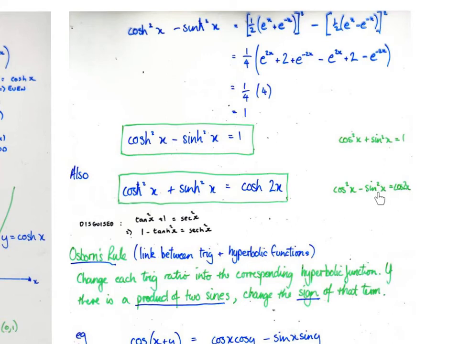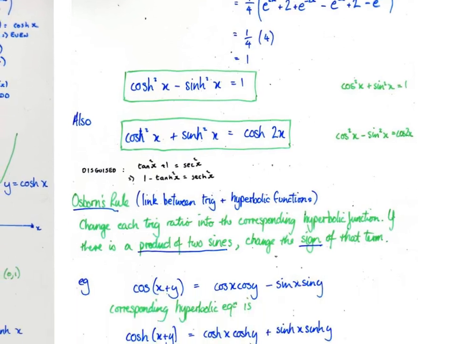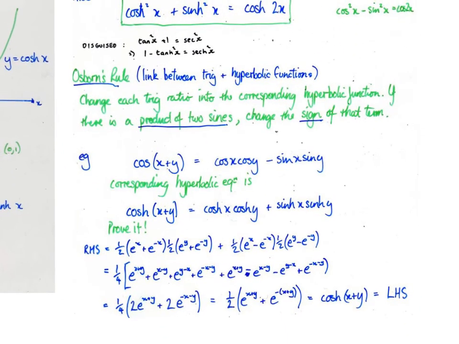Over here, look, I have a product of sines. So if I want my hyperbolic equivalent, this minus sign will change to a plus. So it becomes cos squared x plus sine squared x is equal to cos 2x. And this is called Osborne's rule.